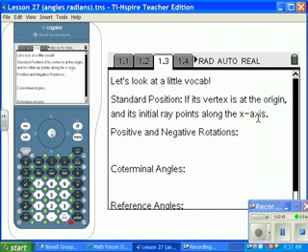All right, positive and negative rotations. Now, this is a little bit different from what you're used to. A positive rotation is going to be counterclockwise, which means you're going to move the opposite way of the clock.